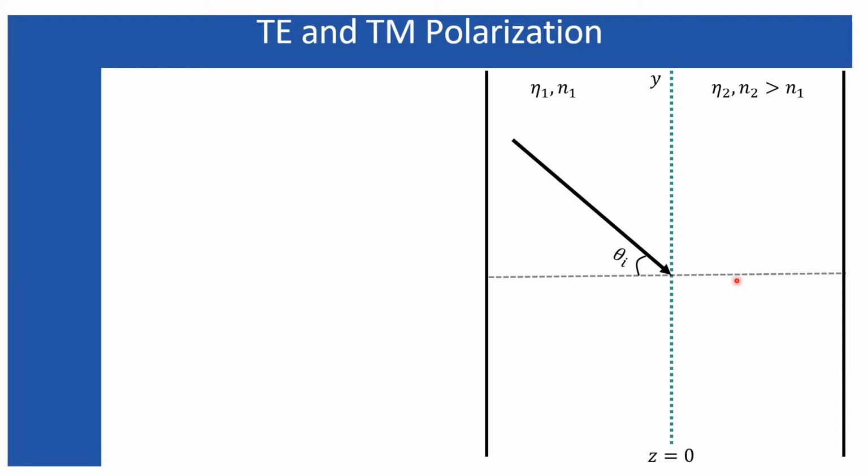This dotted line represents the surface normal, and this is theta I. Next is the reflected wave, represented by this arrow, which makes an angle theta R with the surface normal. The transmitted wave is basically the refracted wave, and it makes an angle theta T with the surface normal. I will explain later why this ray refracts.